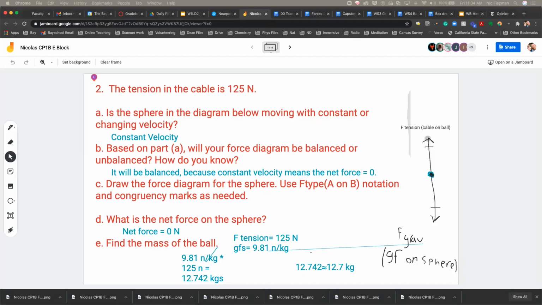So what we did was 125 newtons divided by 9.81 newtons per kilogram, and then got 12.742 kilograms for the mass of the ball, which we rounded to 12.7 kilograms.